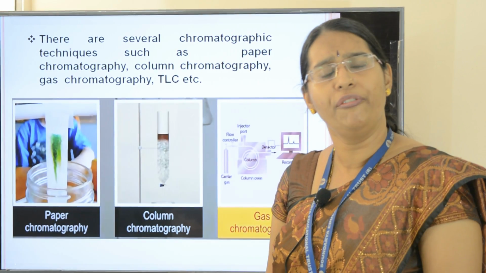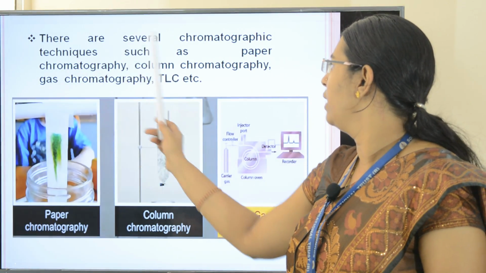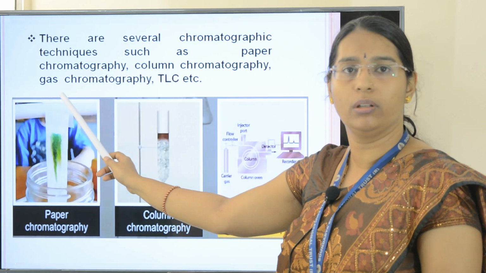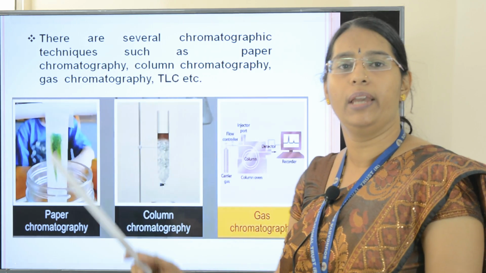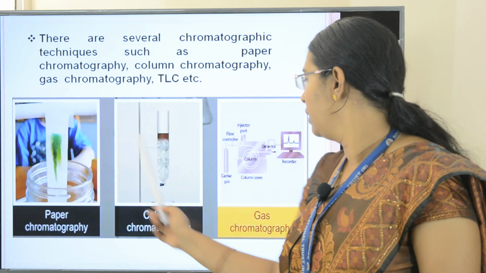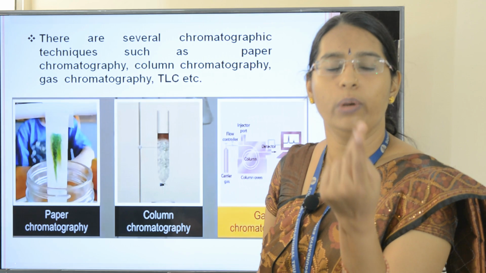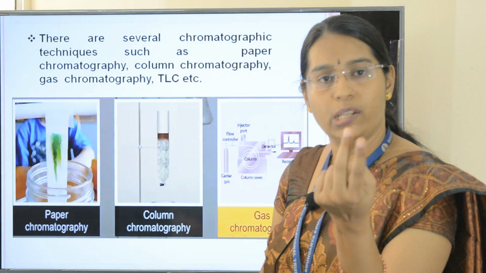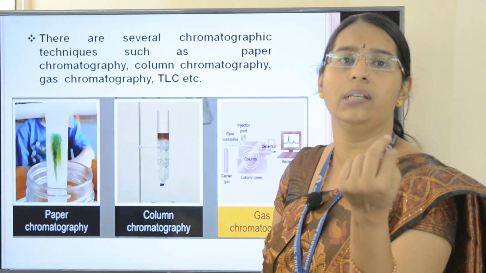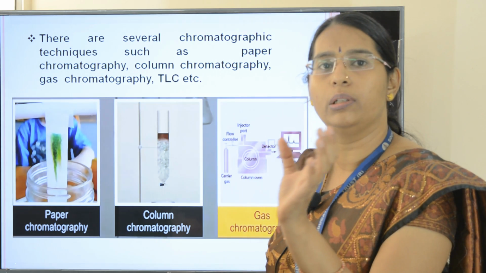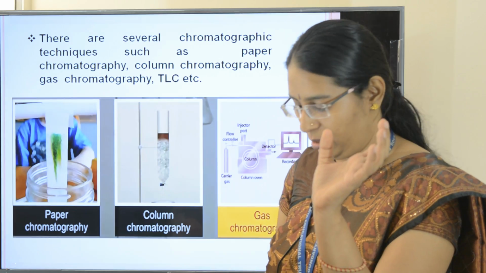So there are several techniques like paper chromatography, column chromatography, gas chromatography, thin layer chromatography, etc., and basically they are classified under 2 categories. First one is adsorption chromatography, another one is partition chromatography. Some of the basic concepts about these you have already studied.